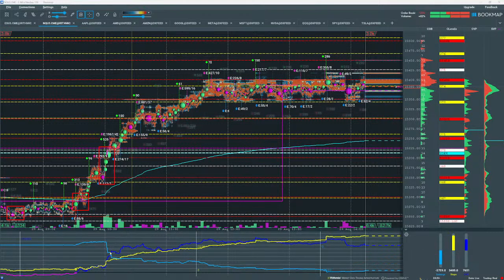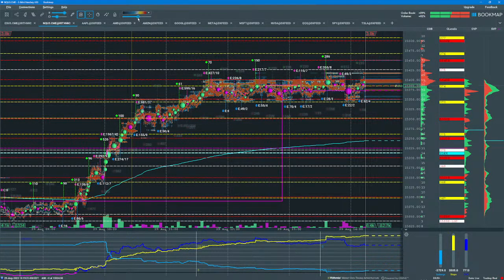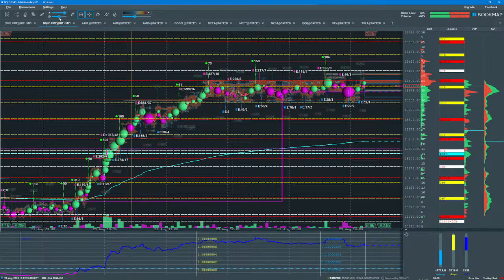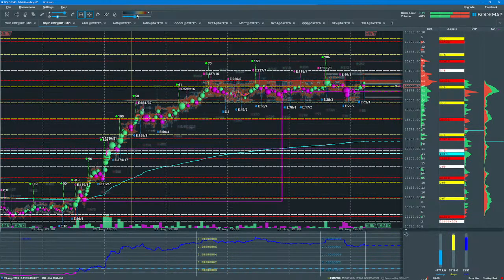Order flow, pretty similar drivers. I'm going to tone down the heat map here a little bit to make this price action a little bit easier to see.